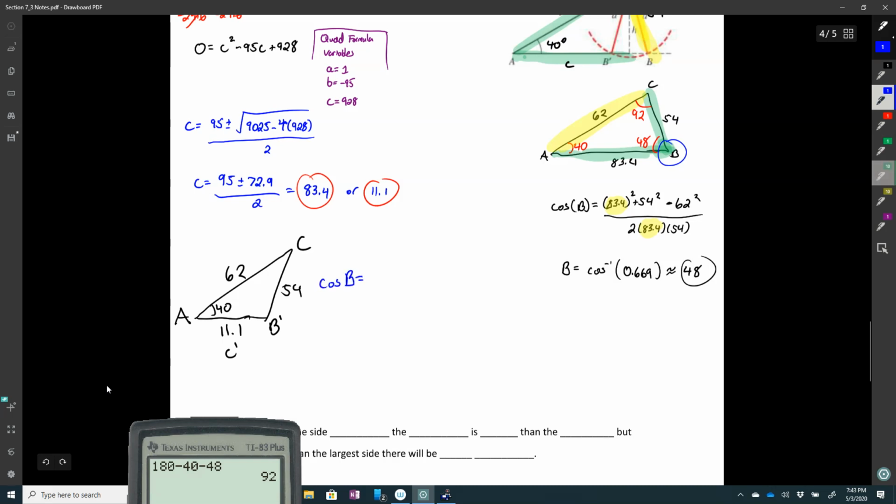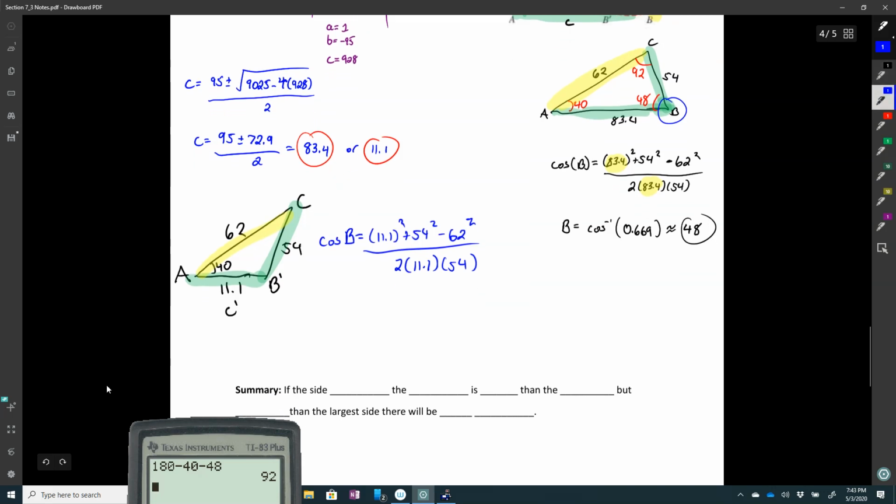Equals. So I'm trying to find cosine B. So those are the sides again. 11.1 squared plus 54 squared minus 62 squared over 2 times 11.1 times 54.